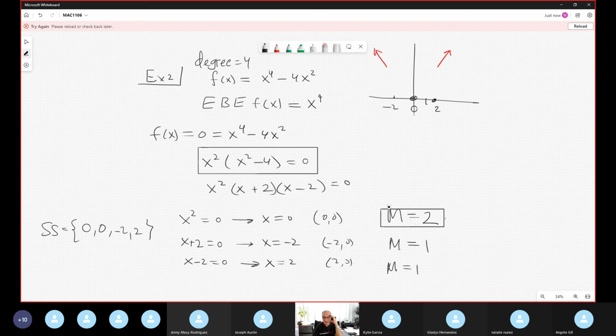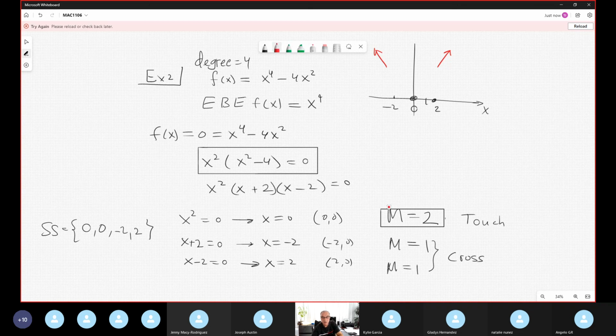When you have multiplicity 2, next time I explain that part again, the graph touches the x-axis. However, when the multiplicity is an odd number, 1, 3, it crosses the x-axis. Okay, this is an important property.